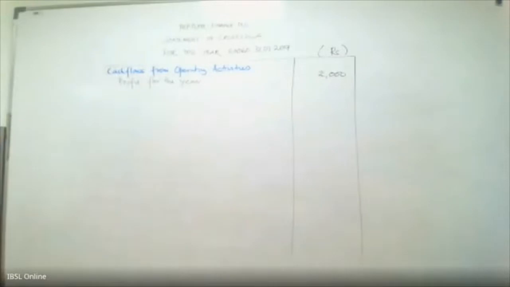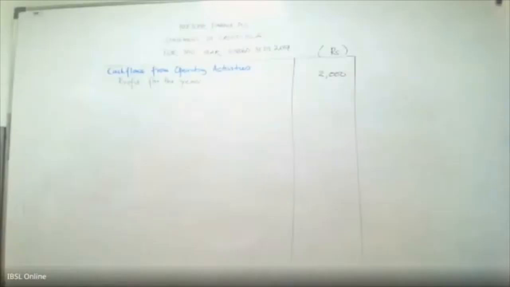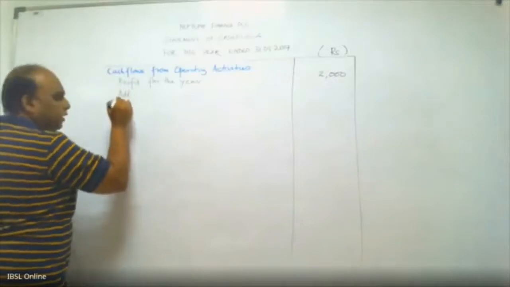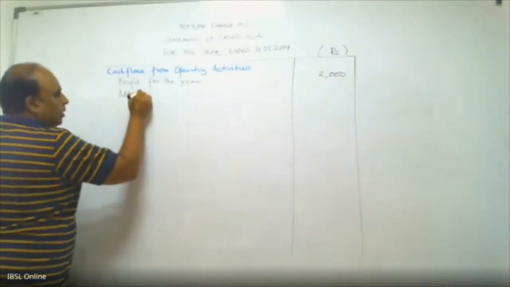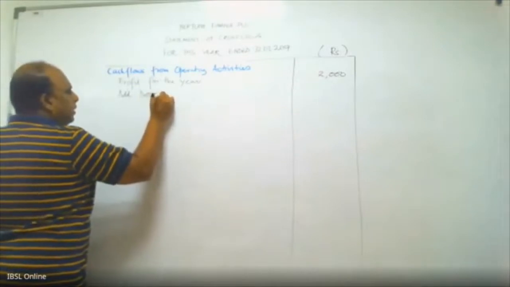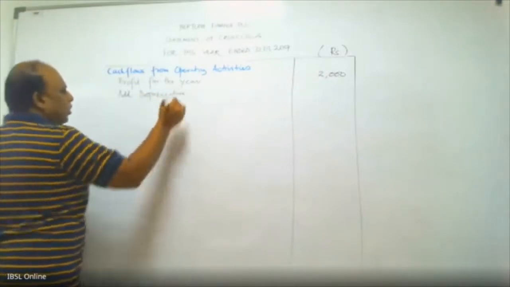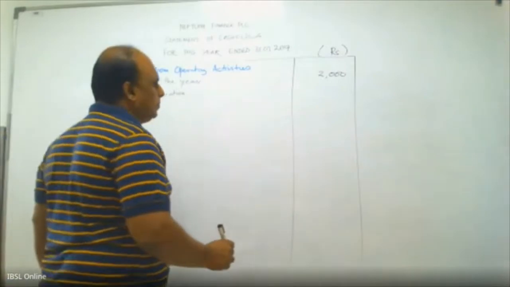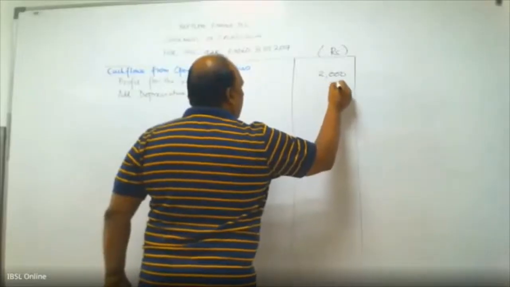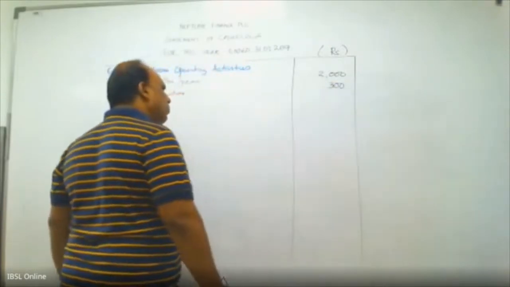Then, are there any adjustments that I need to make? Yes. What is the adjustment? Depreciation. Very good. So add the depreciation. So how much is the depreciation? 300. Now depreciation, what happens at the time of providing depreciation?